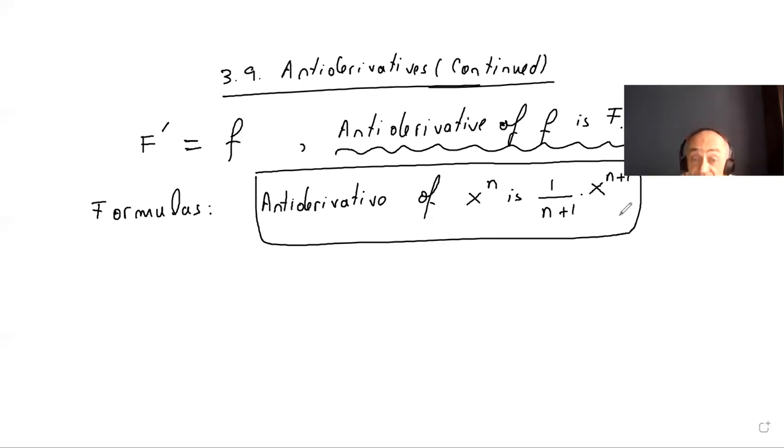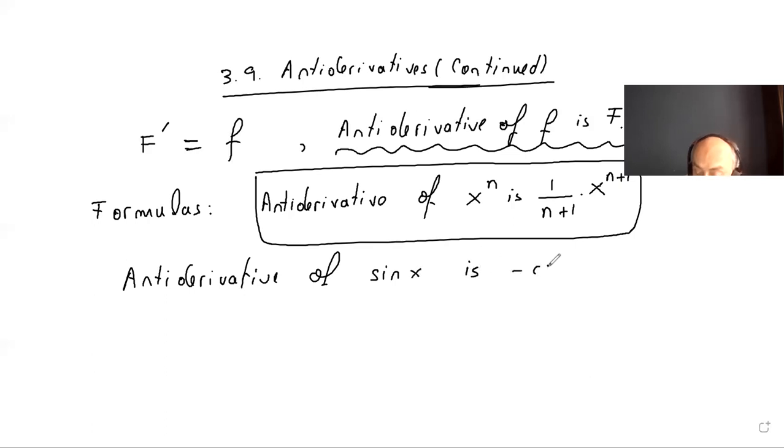All right. So this is something that you really, really need to know. That's one thing. And then for the trig functions, I told you that there are 3 trig functions that are more important here. In fact, it's really 2. So the antiderivative of sine, remember how that is negative cosine x.